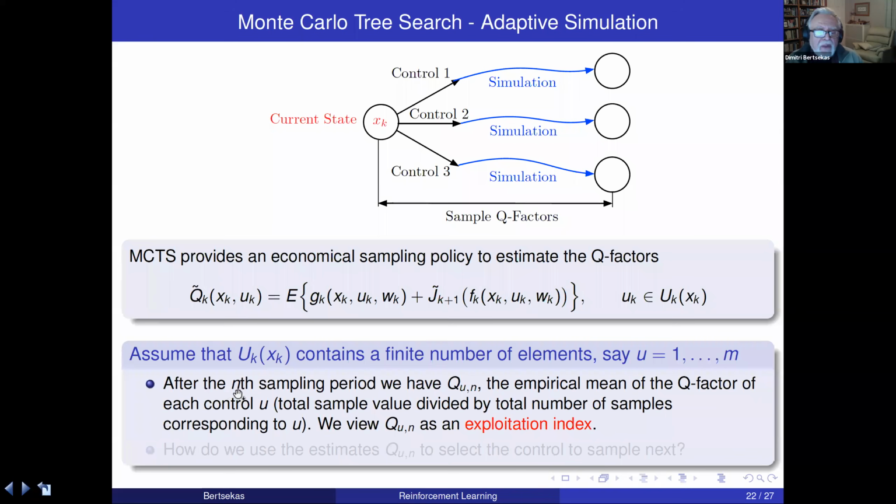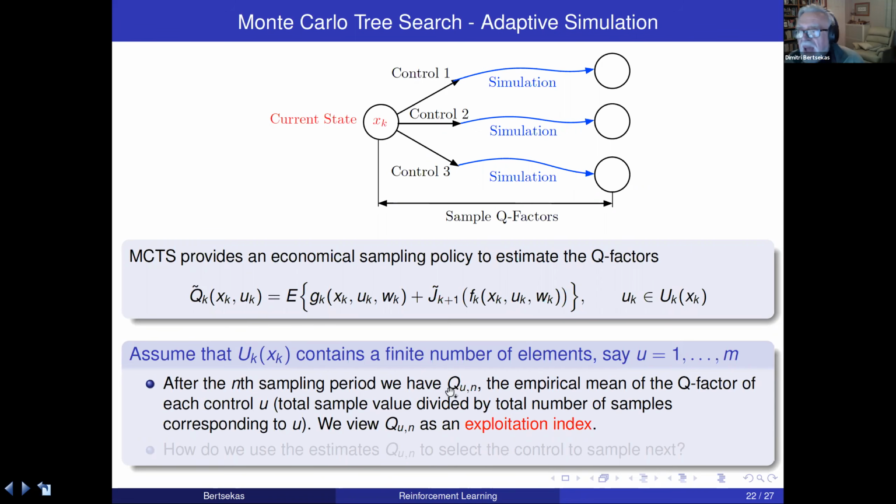So suppose that after the nth sampling period, we have Q_U^n, which is the empirical mean of the Q factor of control U. Now, what does that mean? This means the total sample value of the Q factor divided by the total number of samples.